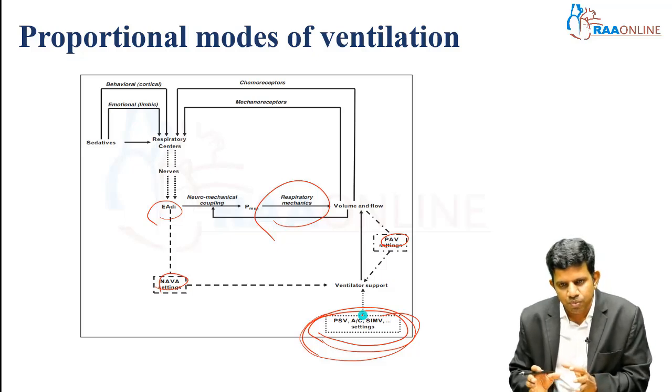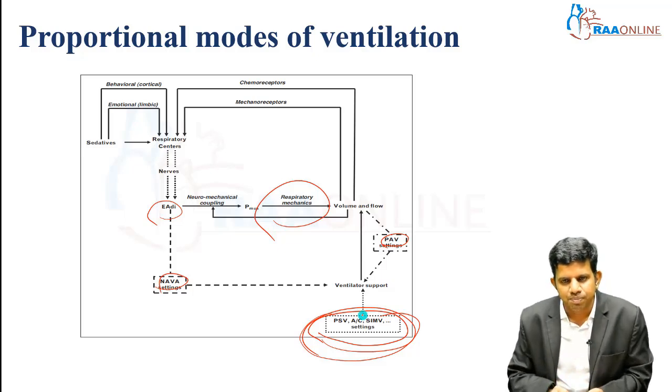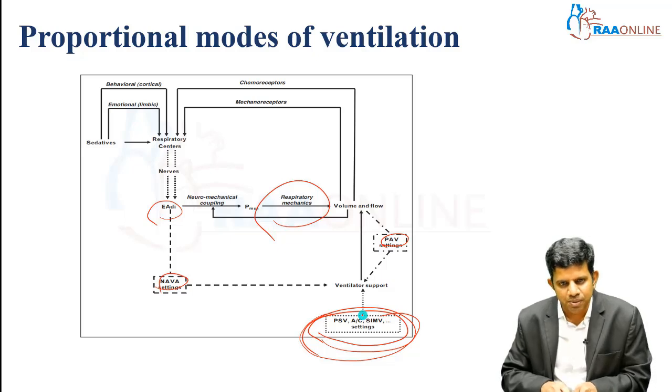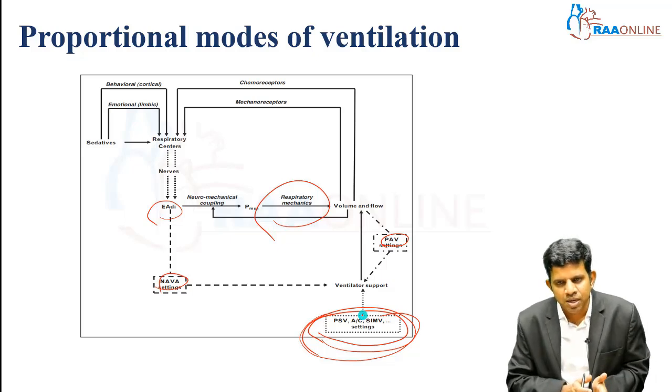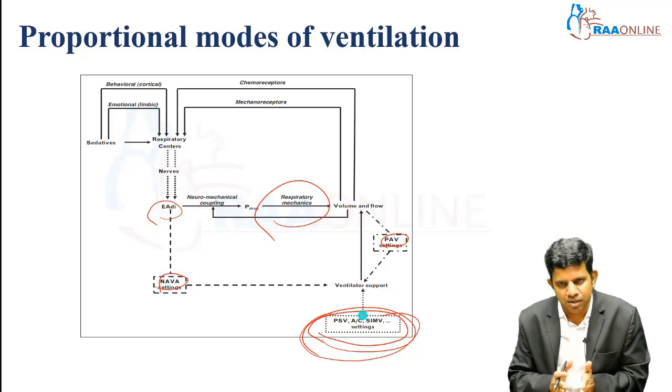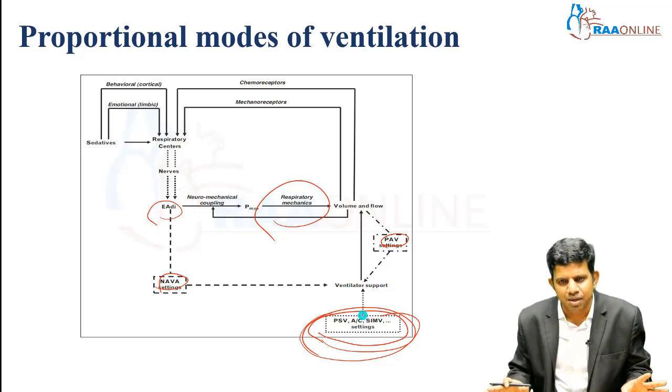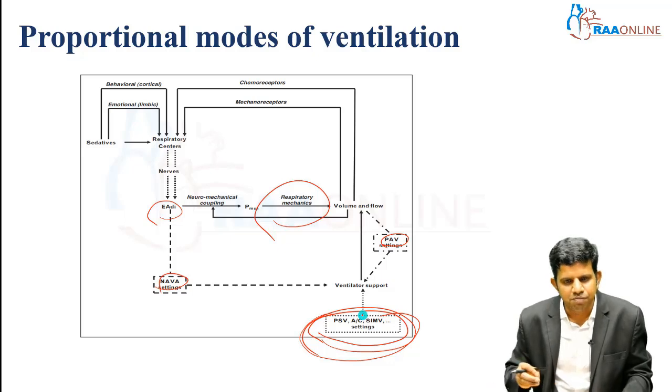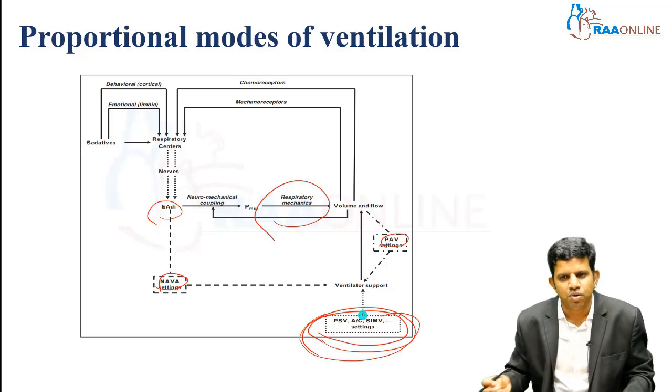So, what is the problem with that? In critical care, our patient's lung mechanics keep changing. It may change between morning, afternoon and evening, even hourly or within the hour. Compliance, resistance, everything will change. It may be worsening of the disease or improvement, or secretions, or simple bronchospasm; everything will alter our respiratory mechanics.